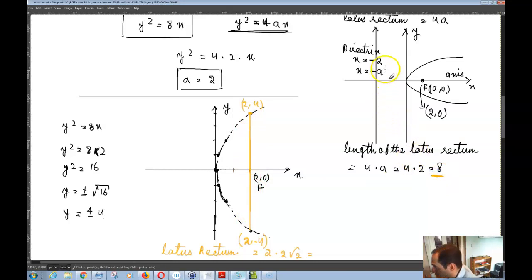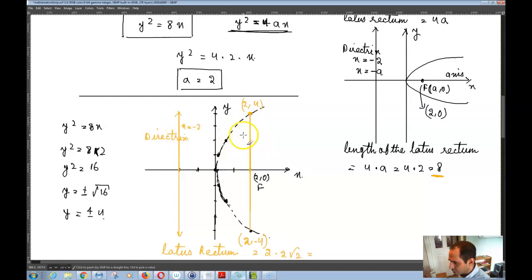And the equation of your directrix is x is equal to -2. So x is equal to -2 would be this point over here, and this line would be your directrix. x is equal to -2, that is your directrix.